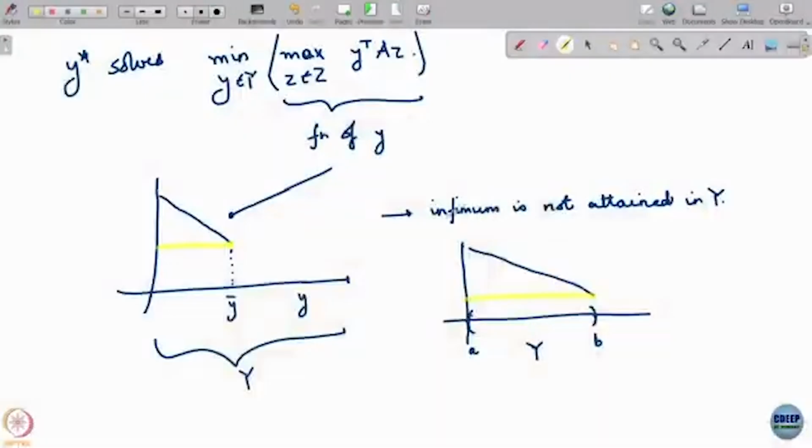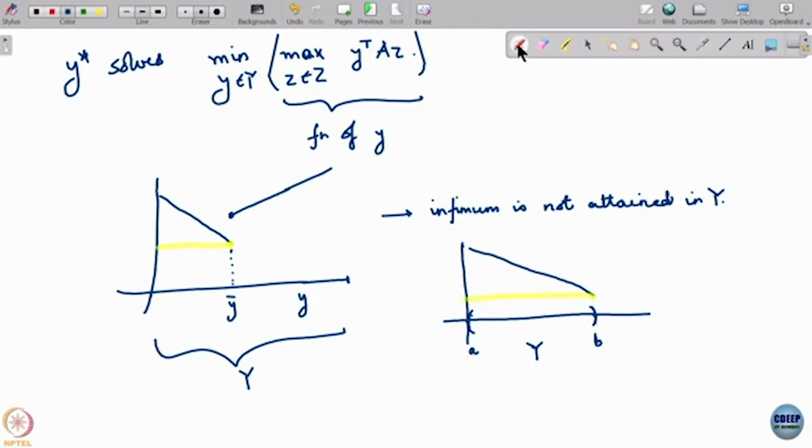No. If b was in the set, then it would have been, but b is not in the set. So in this case the culprit for non-attainment of the infimum is that the set is a problem. Whereas in the earlier example, the reason for the non-attainment was that the function had a jump in it. The function was broken, whereas here the problem is that the set is open.